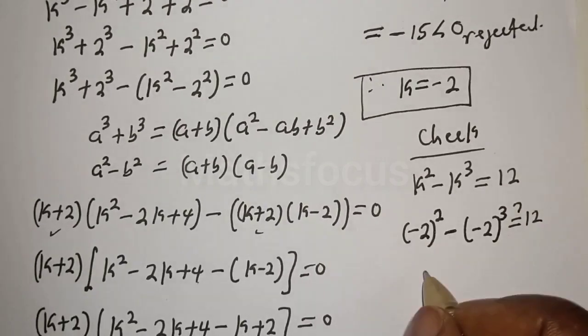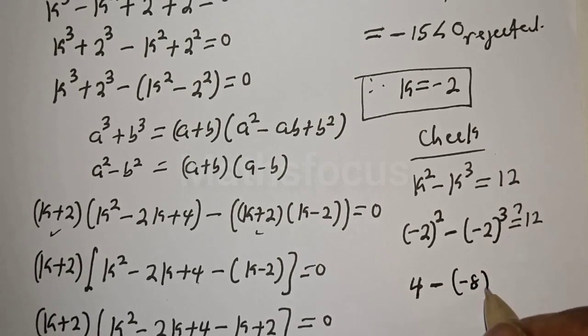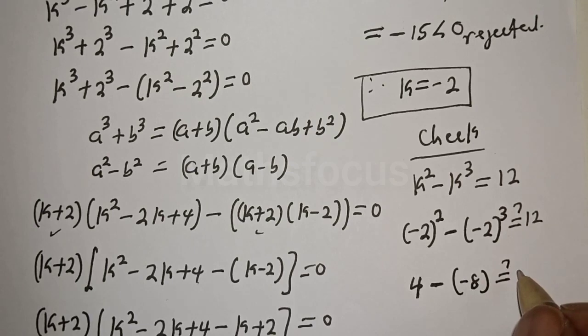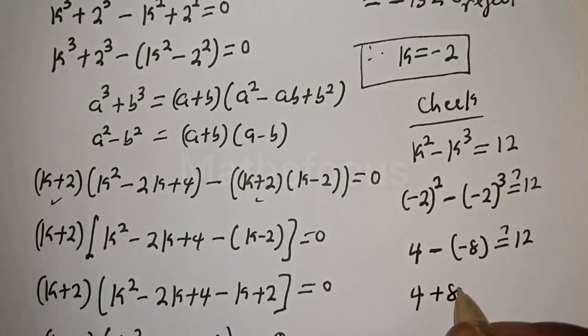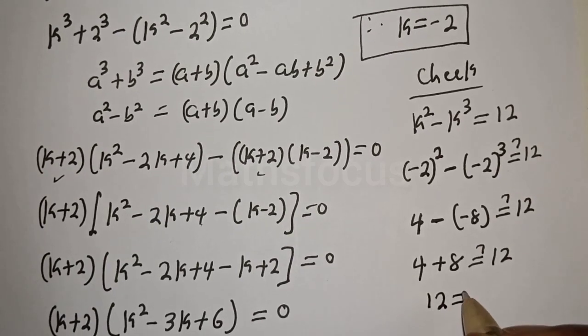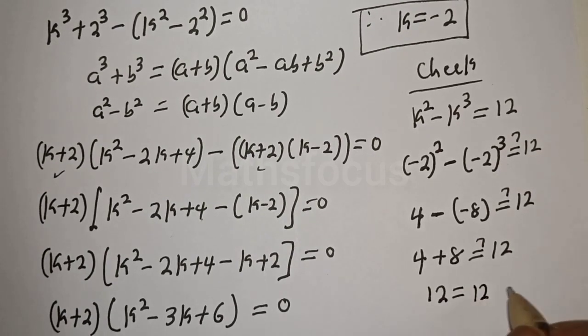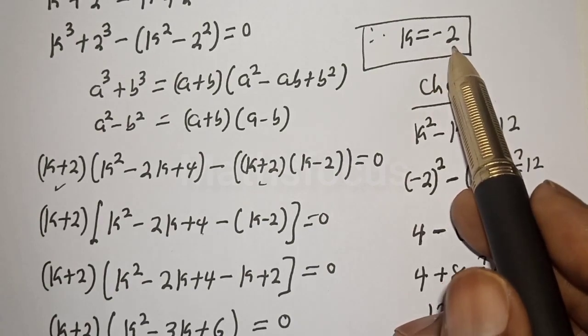Then minus 2 square is 4 minus bracket minus 8 must be equal to 12. Here is 4 minus times minus, that is plus 8 must be equal to 12. Then 4 plus 8, this is 12, is equal to 12. And this satisfies the equation at k is equal to minus 2.